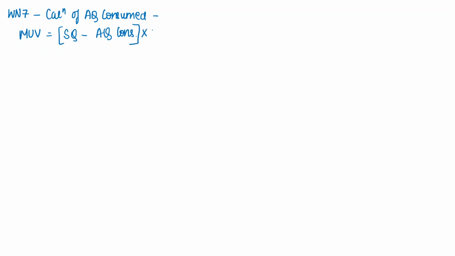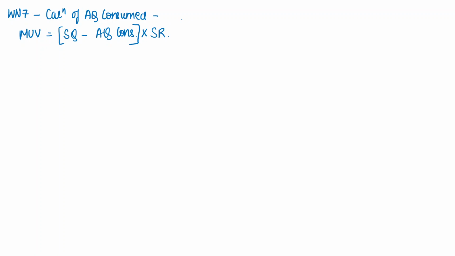What will you do? Usage variance is pending, right? Yes or no? So we can use that to get the actual quantity consumed. Material usage variance is equal to standard quantity minus actual quantity consumed into standard rate.